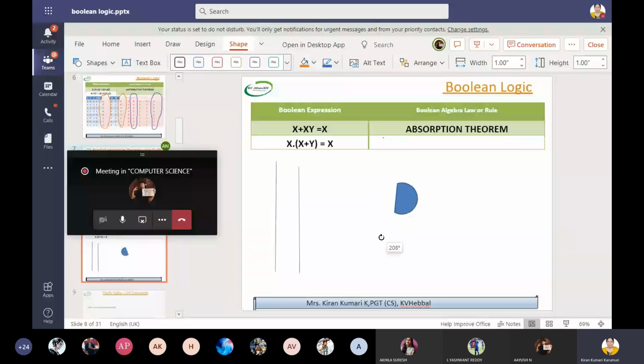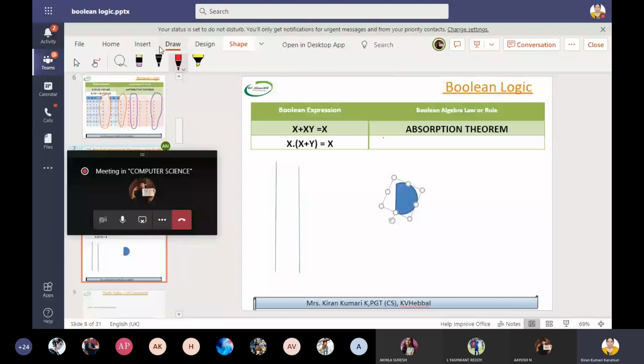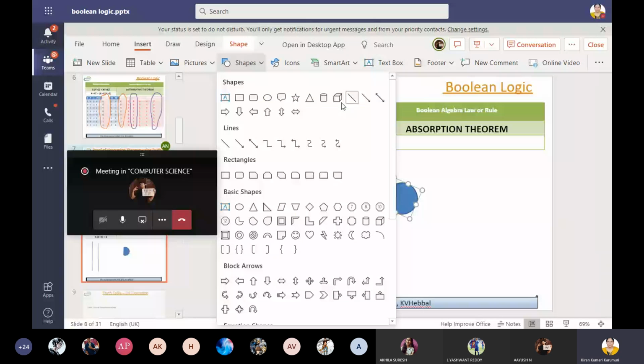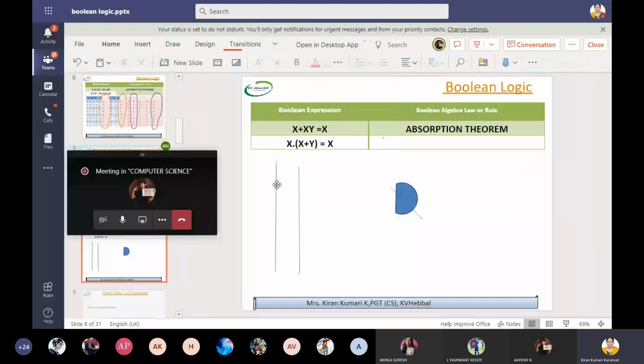From Y, and then I need one from X. So this will be XY.